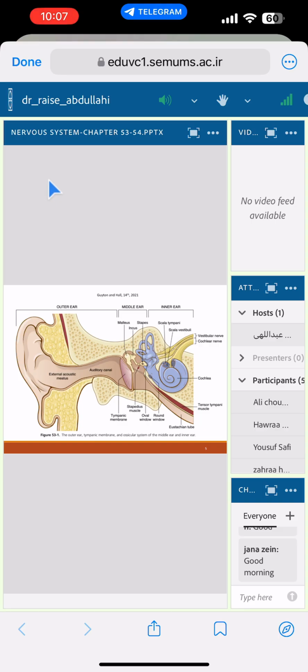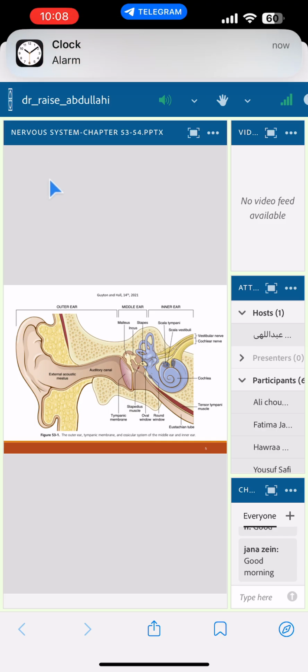Each individual has 206 bones. If we calculate these bones, we have three little bones in our body in the middle ear, and these are malleus, incus, and stapes.